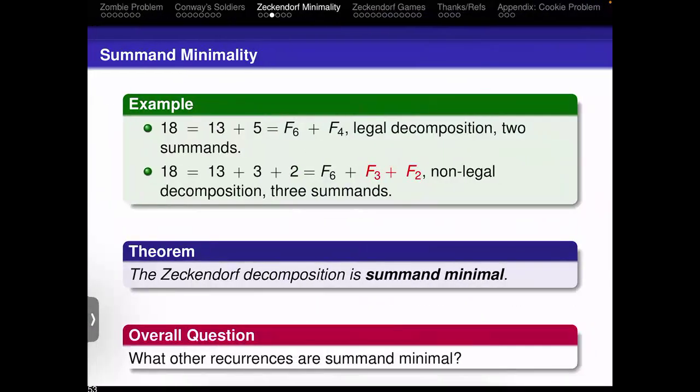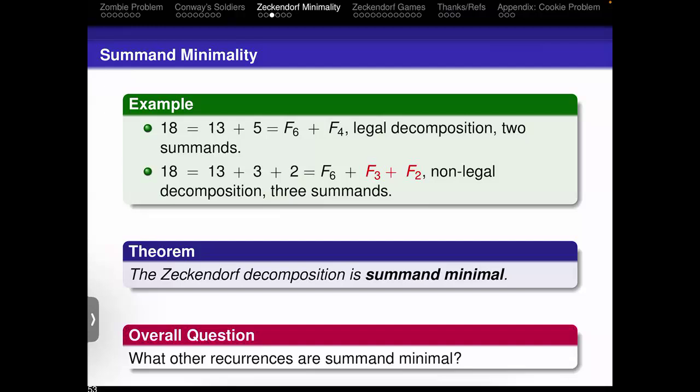Okay. It turns out that the Fibonaccis have an interesting property. If you look at the decomposition using non-adjacent terms, the Zeckendorf decomposition, there's no decomposition that uses fewer Fibonacci numbers. There may be something that uses the same number.